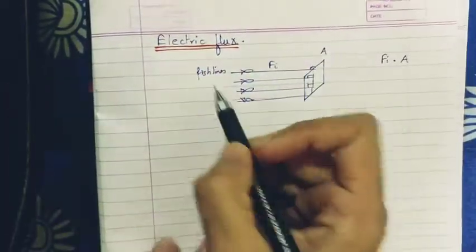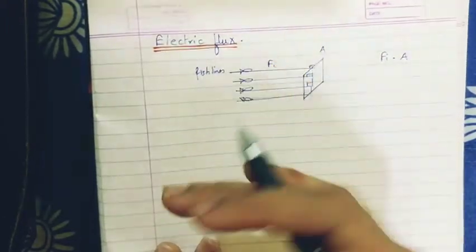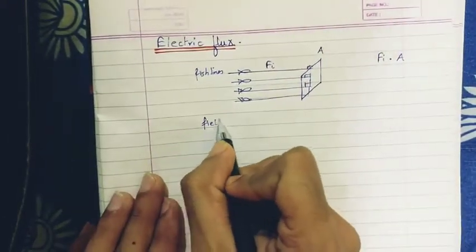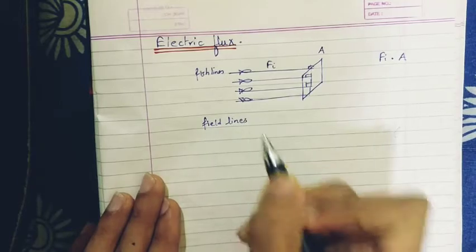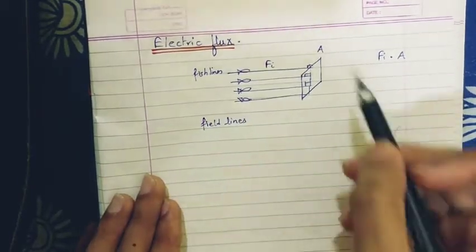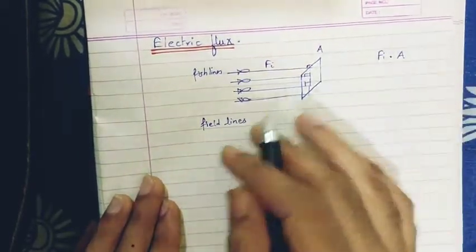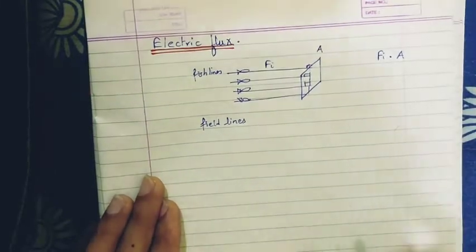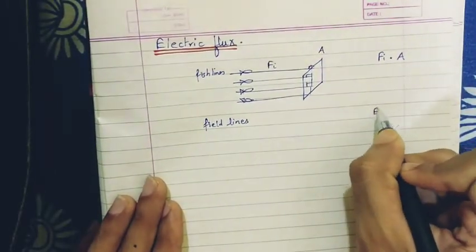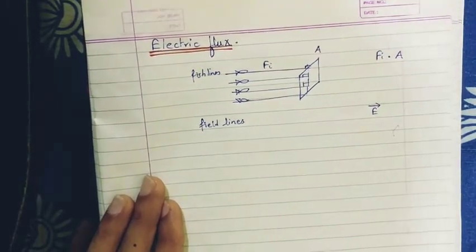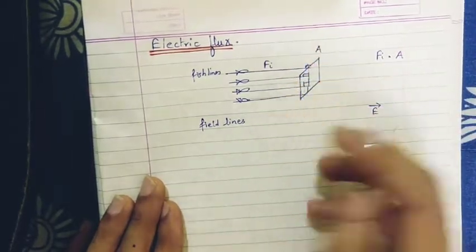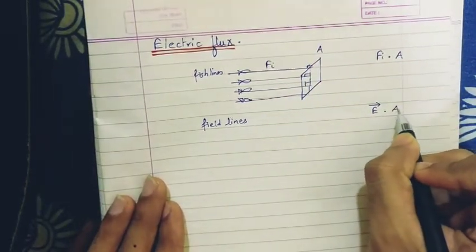So now I'm converting my fish lines into electric field lines, which we have already studied. Fish intensity becomes my electric field intensity, that is the electric field E, and the area of the net becomes the area which we have considered.